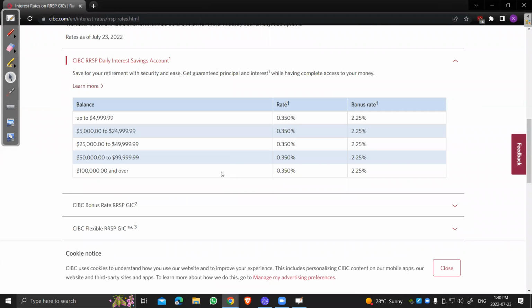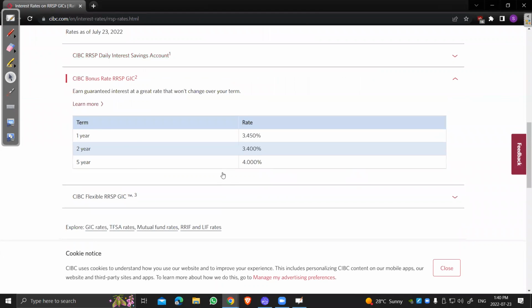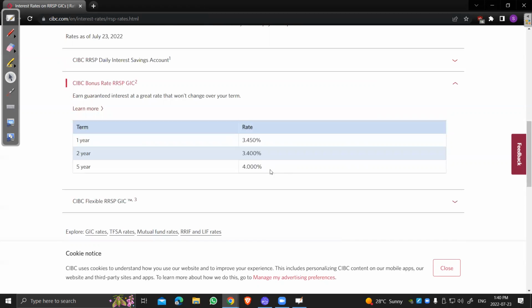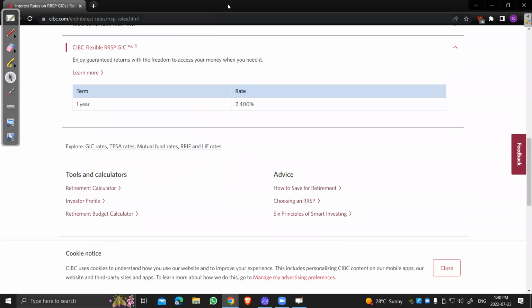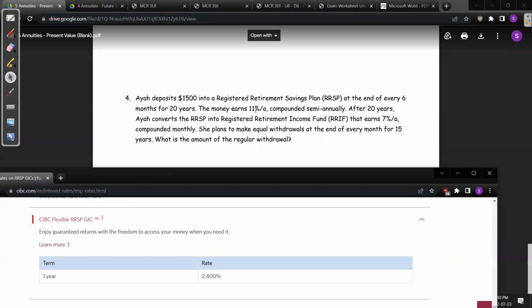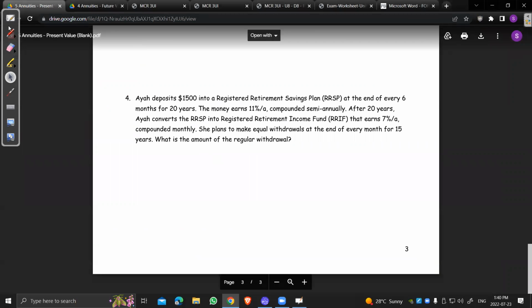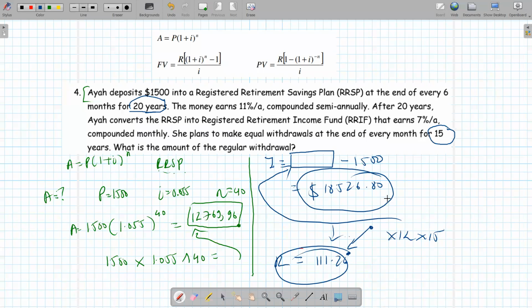Look at this. Even with the bonus, you get like 2.25%. There's some where this guy is getting 4% over 5 years. I don't know how we got this deal. 11% seems a little bit off. So this is a little bit unrealistic, but at the same time, the idea is the same. You may not earn 18,000, probably like 12,000, but the idea is the same.